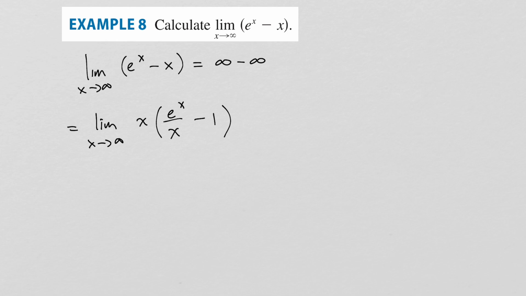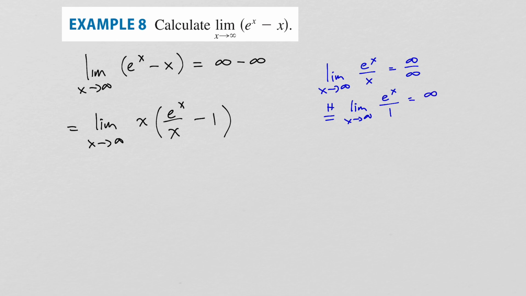Now, this, of course, is infinity, and then the only question is, what happens to this? Well, we have to consider this limit separately. So what if we had the limit as x goes to infinity of e to the x over x? We know this is infinity divided by infinity. Therefore, this is equal to, by L'Hopital's rule, the limit of the derivative of e to the x divided by the derivative of x.